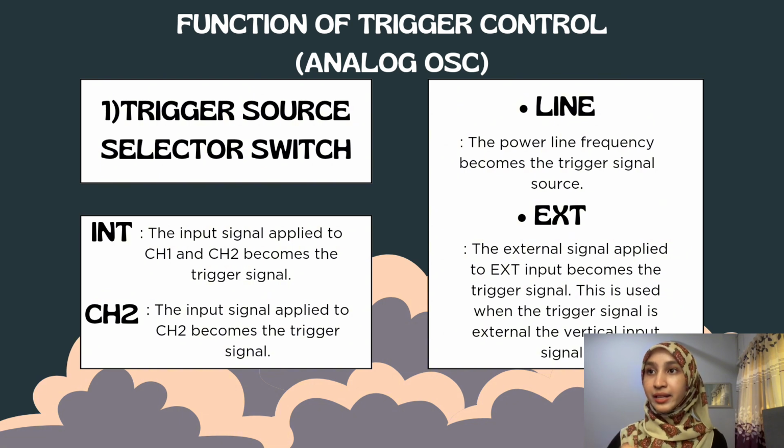Line, the power line frequency becomes the trigger signal source. EXT, the external signal applied to the EXT input becomes the trigger signal. This is used when the trigger signal is not the vertical input signal.